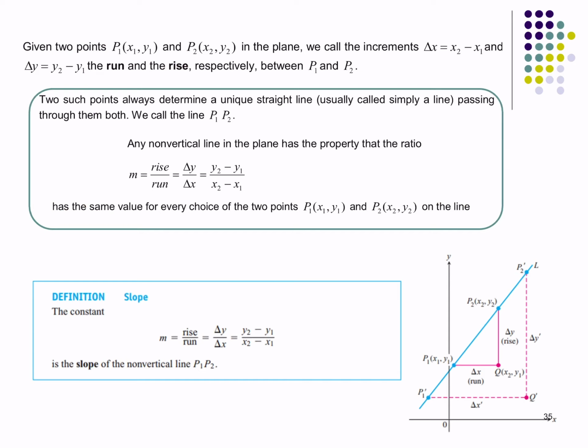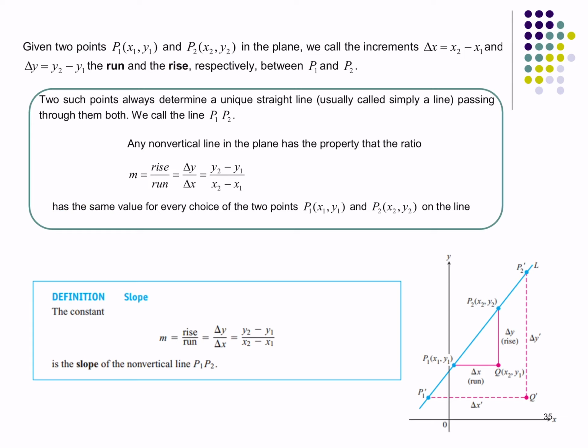So the rise here means that you have the increments along the Y-axis, whereas the run means you are going along the ground plane, which is the X-axis, right? Therefore, the slope here can be estimated from rise divided by run. In other words, it is the increments in Y divided by the increments in X, or y2 minus y1 divided by x2 minus x1.